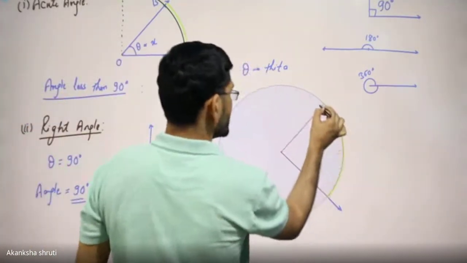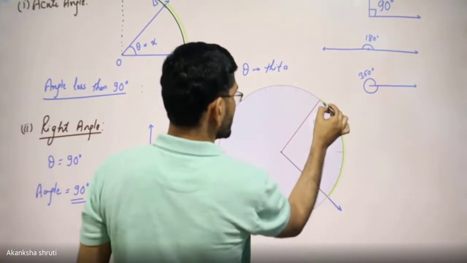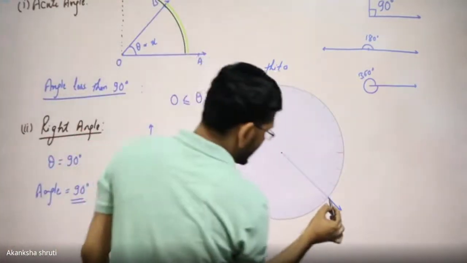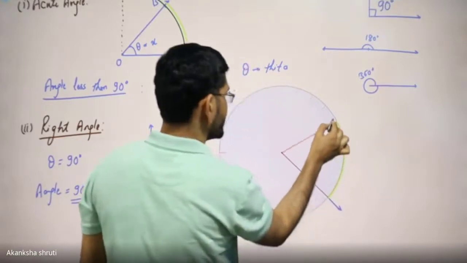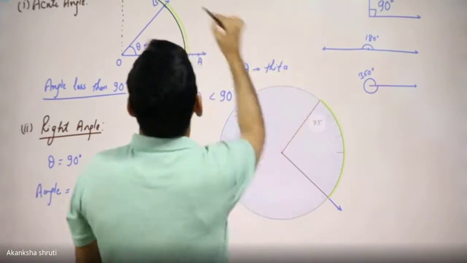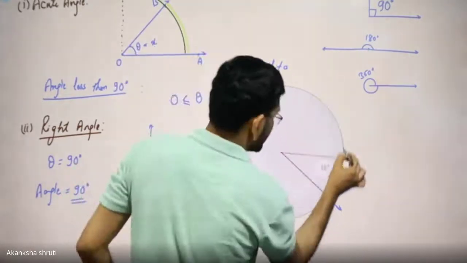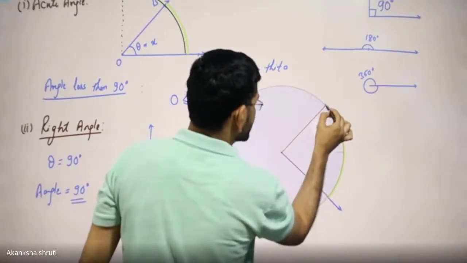Oh, it has gone a bit ahead. Students, let us form the 90 degree. Here you are getting that reading is continuously increasing. Oh, sorry again, it has gone ahead. We have to take this up to 90 degree, the exact value 90 degree.